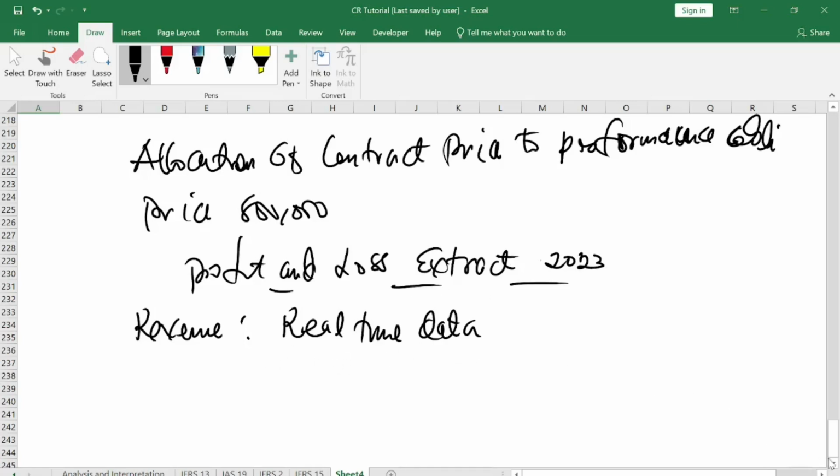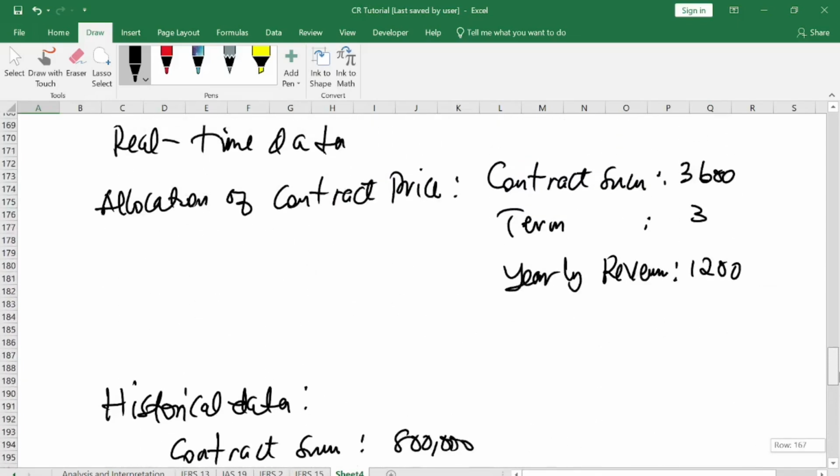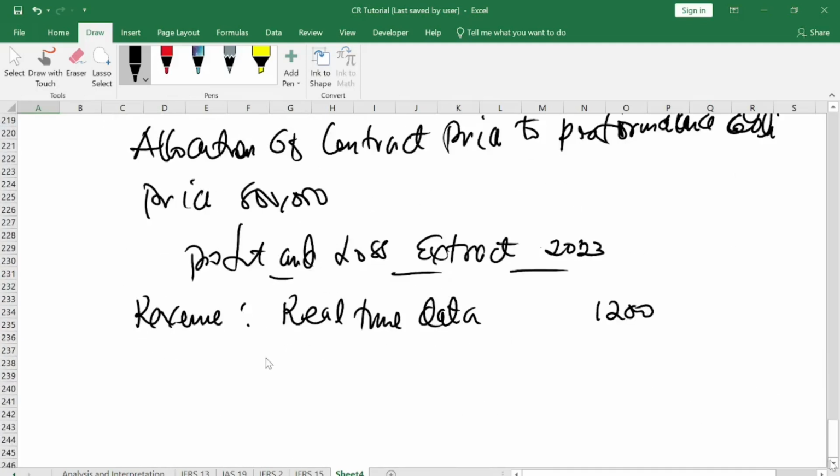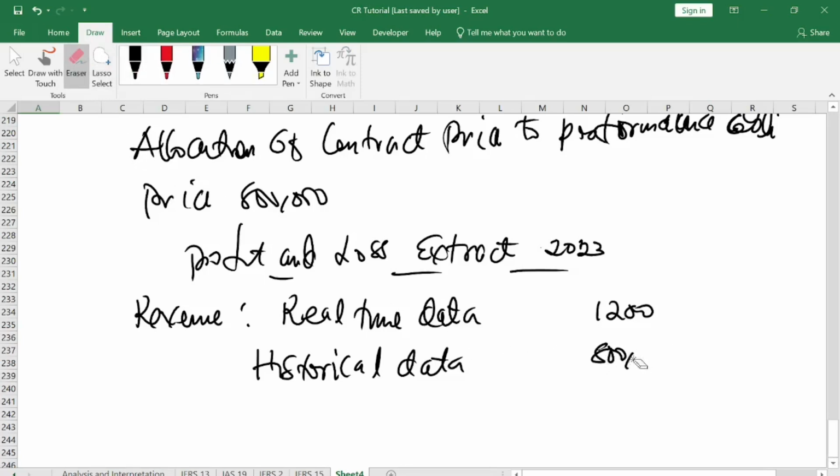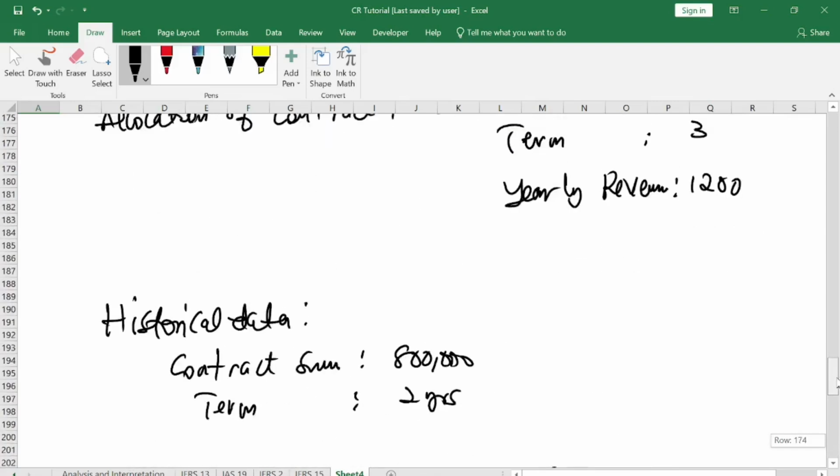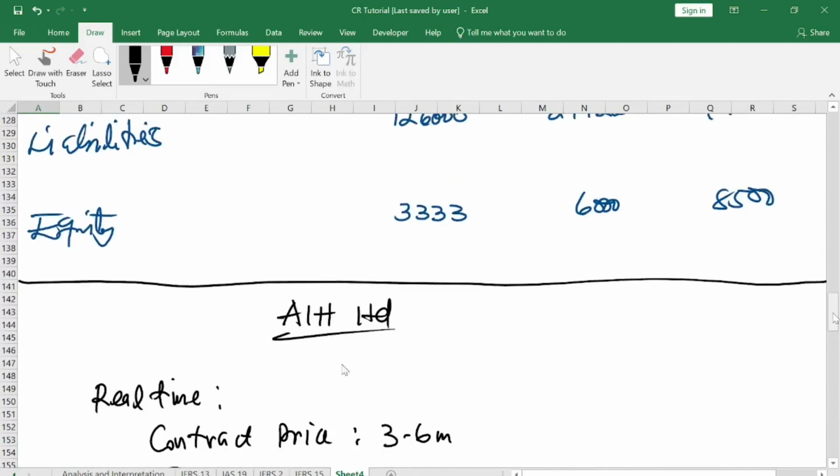So the real-time data for the first year is 1,200, and then the historical data, that one we record all the money for that year, which is 800,000. So here it will be 800, and you see the total value will be 2,000. So that is it about this question also. All right. So this question is about license. Thank you.